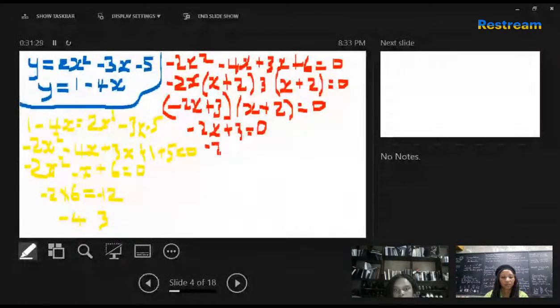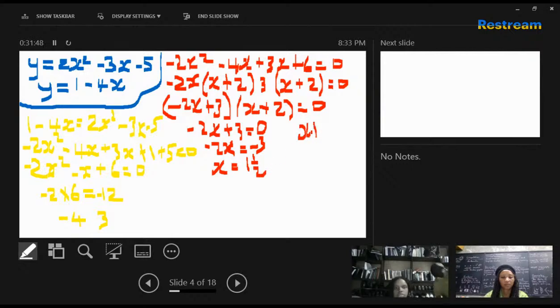So that's going to give us negative 2x equals negative 3, and so negative 3 divided by negative 2 is 1.5. So x is 1.5. And for the other equation, x plus 2 equals 0, we're going to subtract 2 from both sides, so x is negative 2.